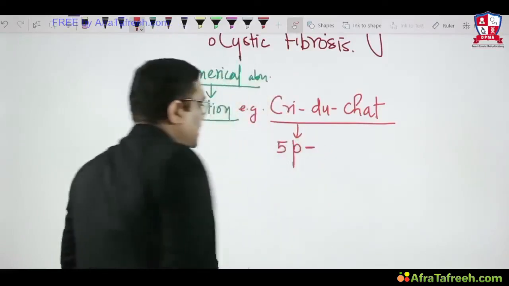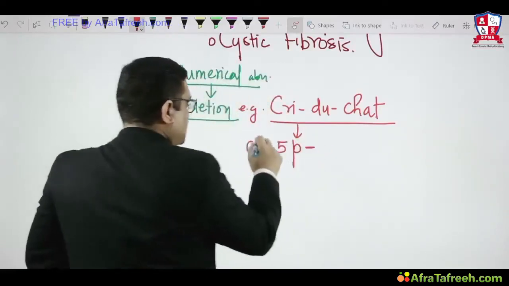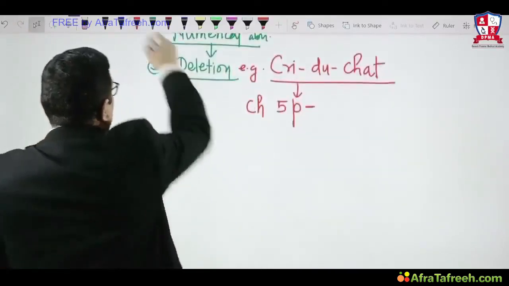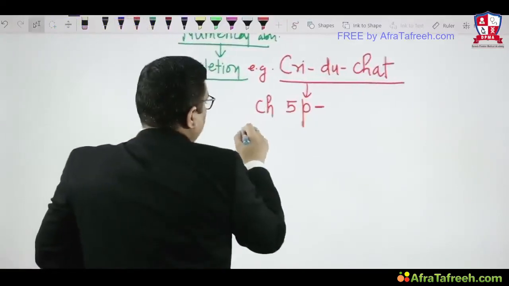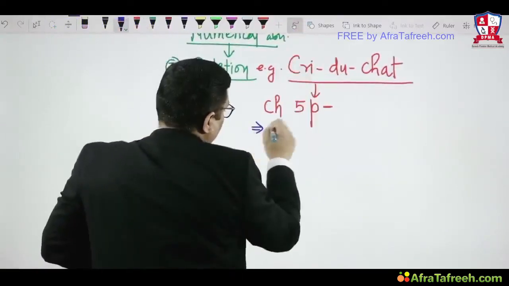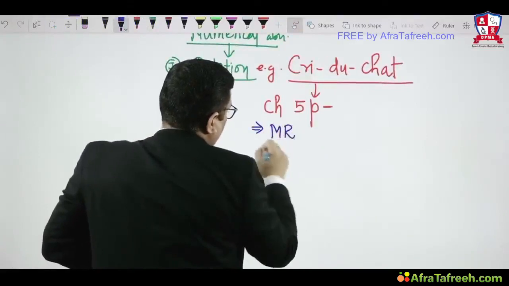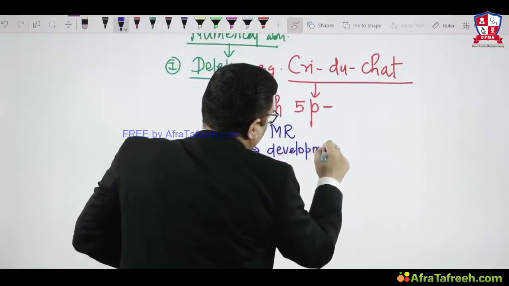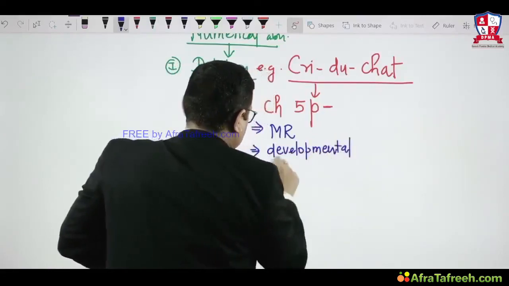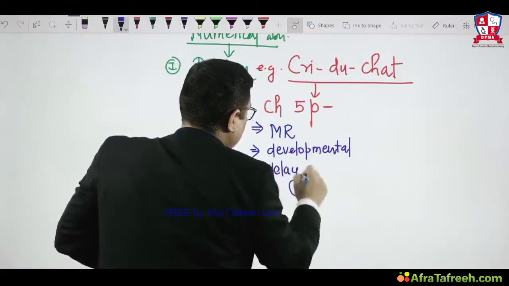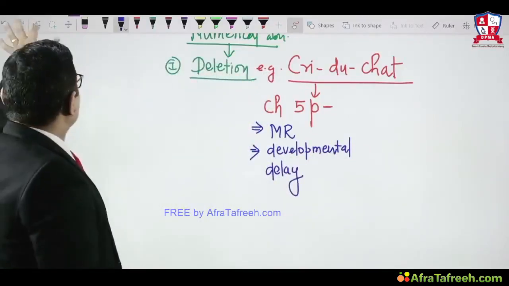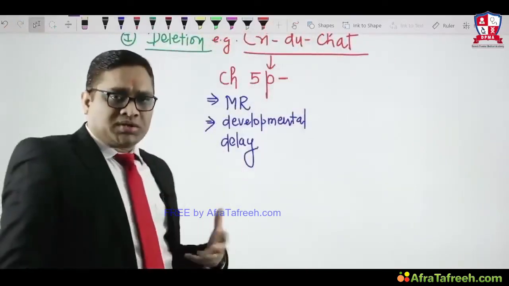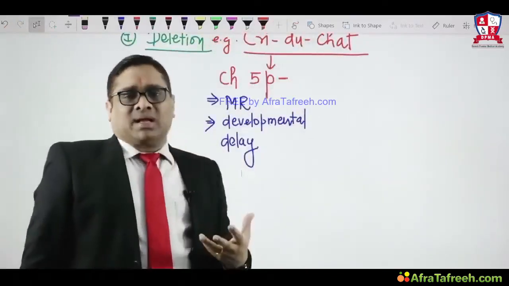The minus sign is for deletion. So chromosome number 5 deletion is Cri-du-chat syndrome. What will be the features of this patient? The patient will have mental retardation and developmental delay, and the most important thing, the name itself is telling: Cri-du-chat. It is a high-pitched cat-like cry, right?